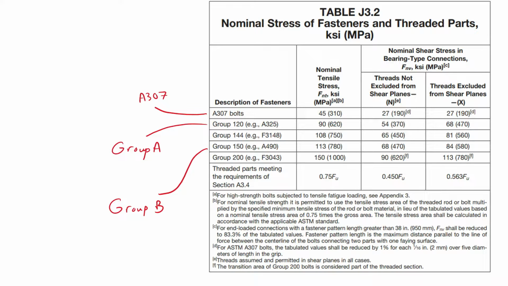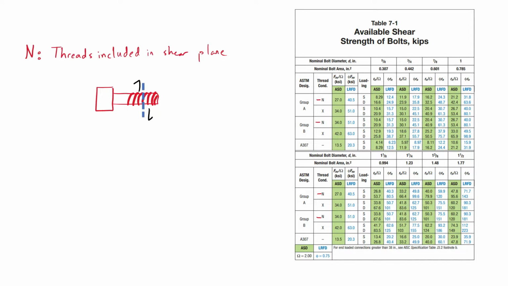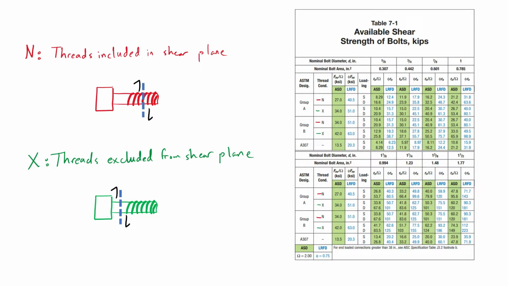AISC Table J3.2 refers to threads in a plane of shear as not excluded from shear planes, and refers to threads not in a plane of shear as excluded from shear planes. The first category, threads included in the shear plane, is sometimes referred to as connection type N. The designation X can be used to indicate that threads are excluded from the plane of shear, as done in the AISC Construction Manual, Table 7-1.